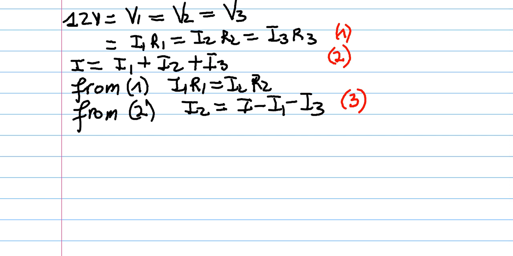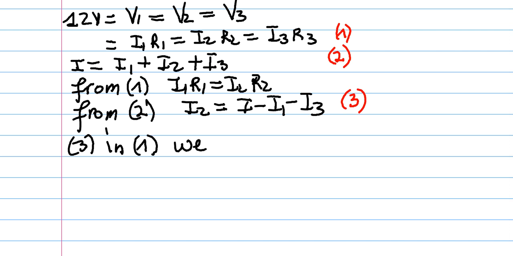Now, by taking equation 3 into this equation, we can still call it equation 1 because the expression does not change. By taking equation 3, let us write 3 in 1.